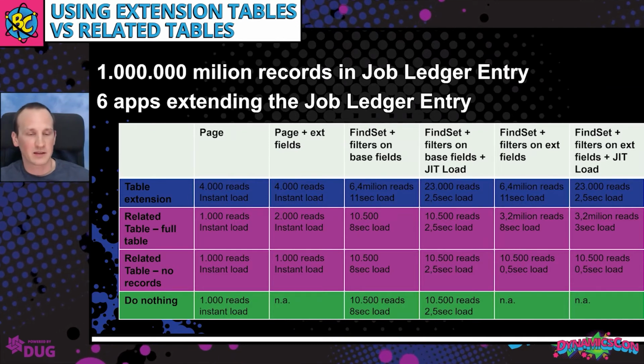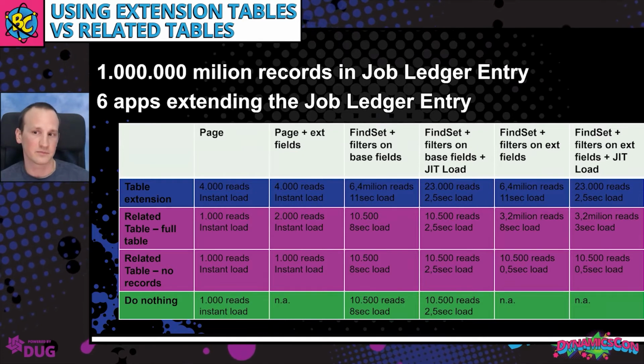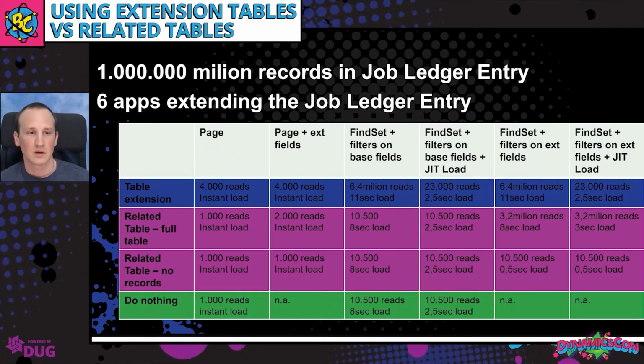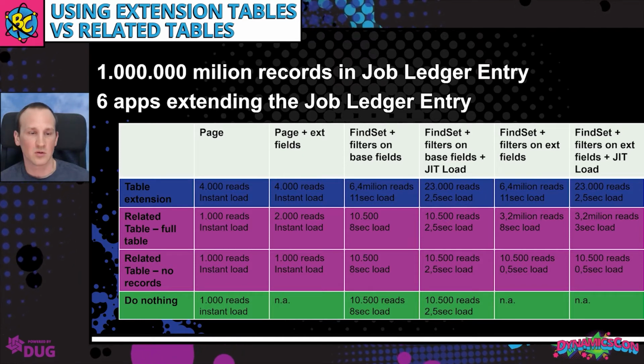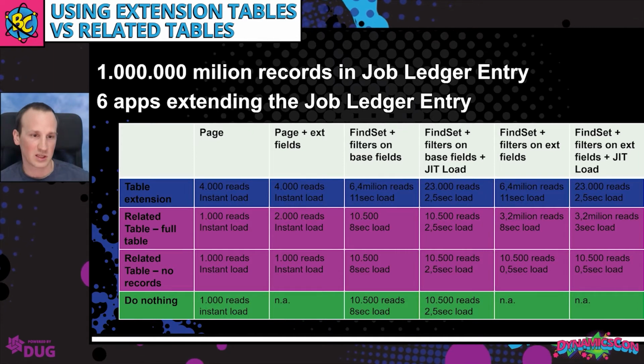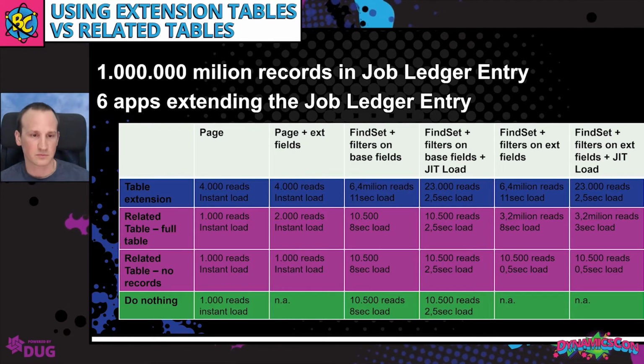I'll try to explain in a little more detail what this table says to us. As rows, we see table extension, related table with full table, related table with no records, and do nothing. Table extension is the approach recommended by Microsoft.